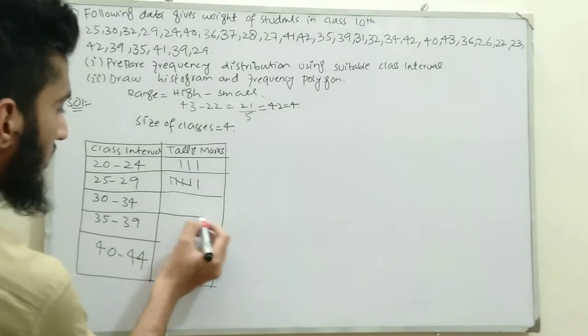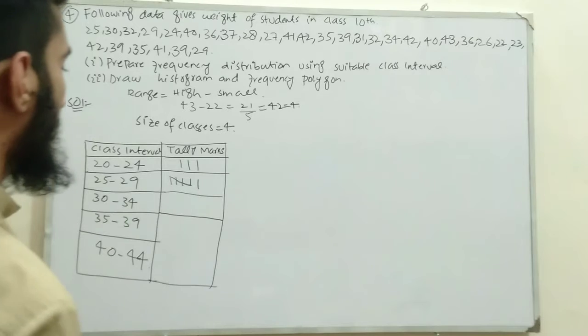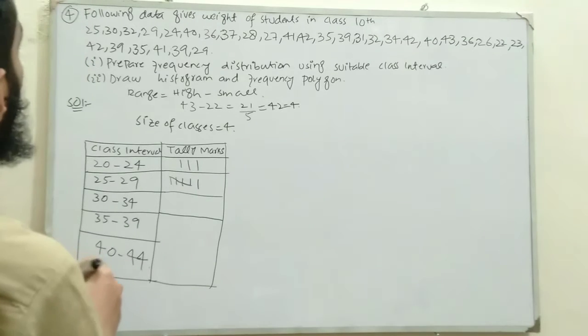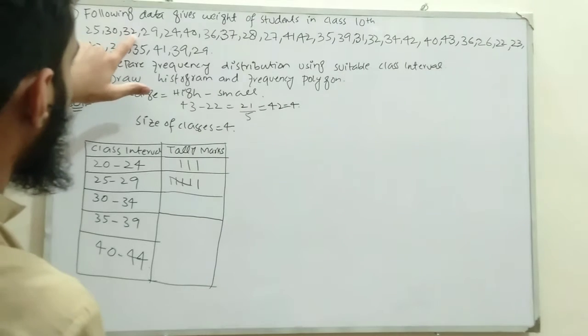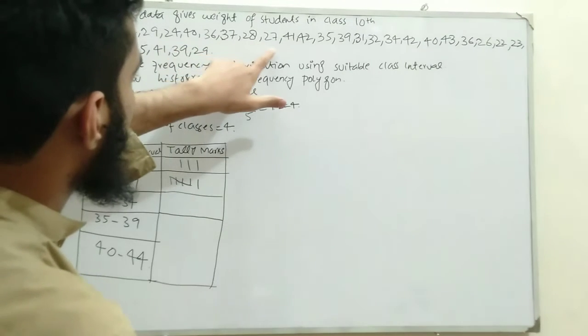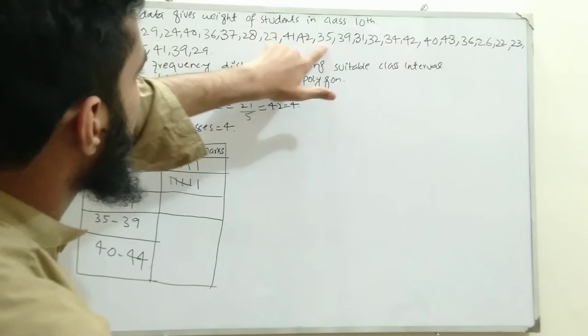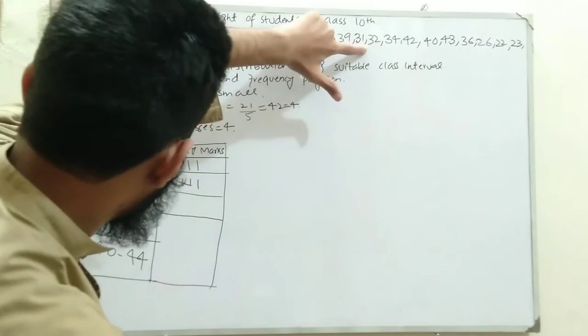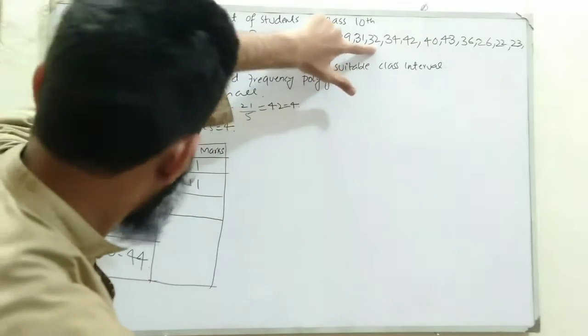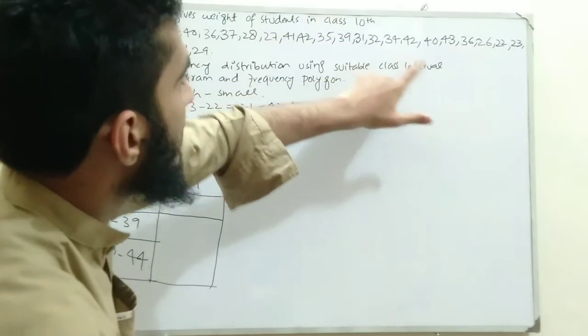After this we are going to count the numbers in between 30 and 34. 30 is the first one, 32 the second one, then the third one, the fourth one, and the fifth one.